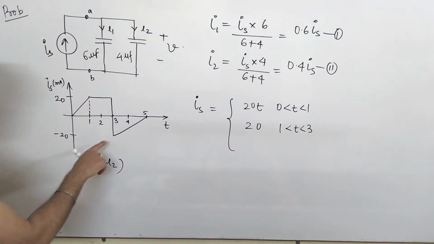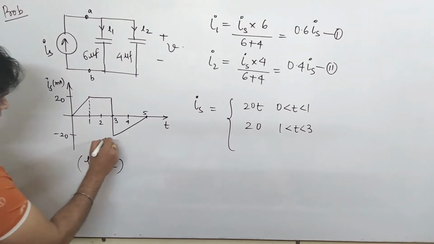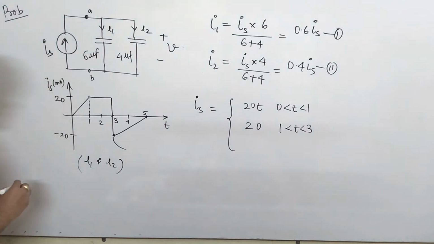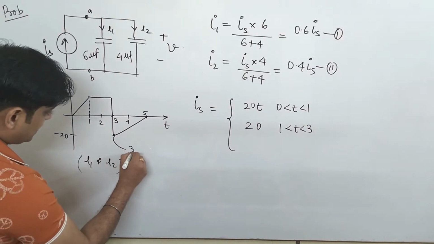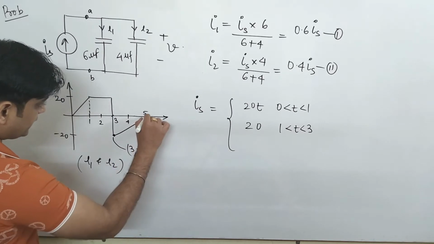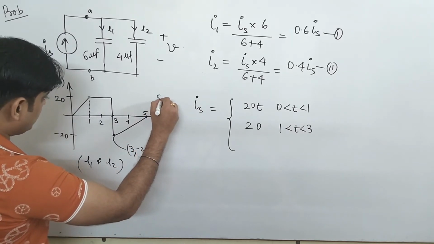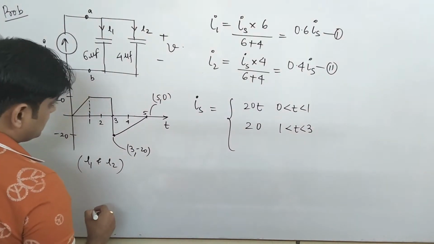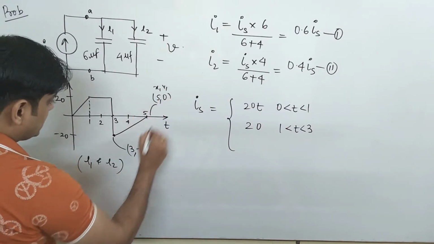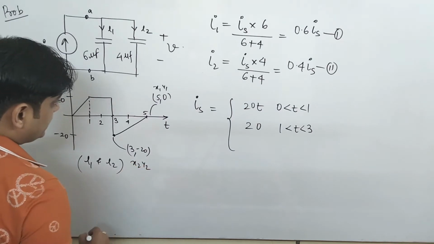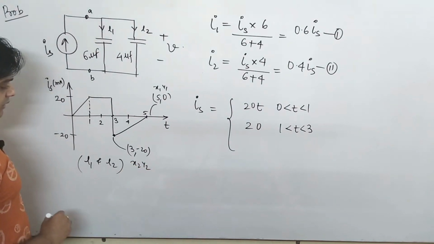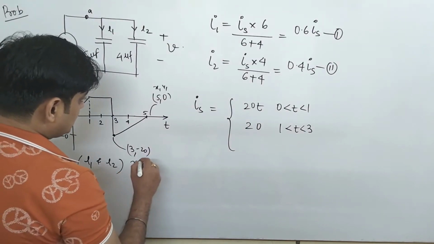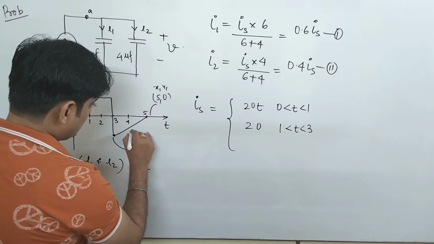And from here, we have to find this value. Here we see the coordinates: 3 and minus 20, and here 5 and 0. Take these as x1 y1 and x2 y2. So y2 minus y1 is 20, upon x2 minus x1, which is minus 2, so that comes to be minus 10.